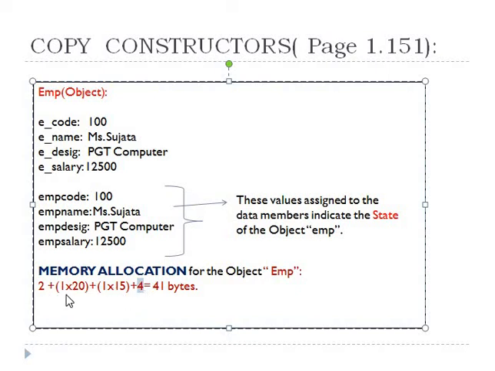We already know 2 plus 20 plus 15 is 37, and 37 plus 4 is equal to 41 bytes. So the total memory allocation for our object known as EMP is 41 bytes.